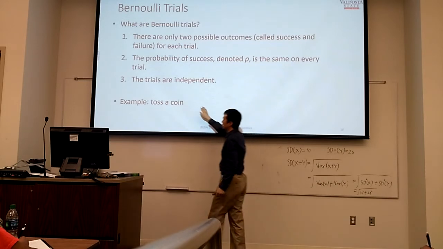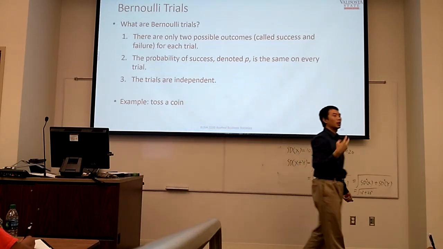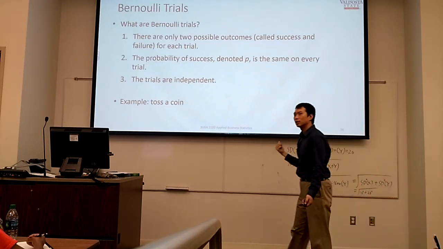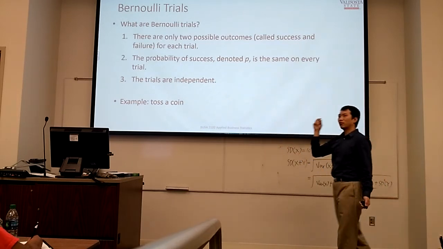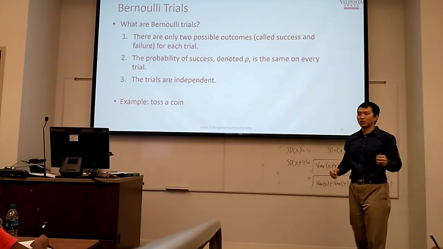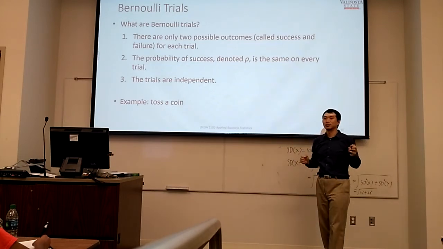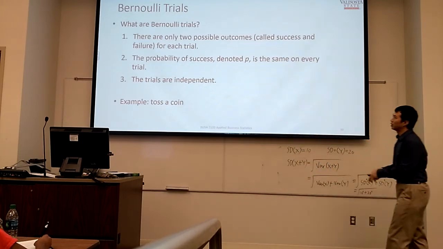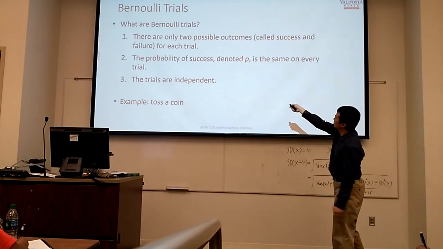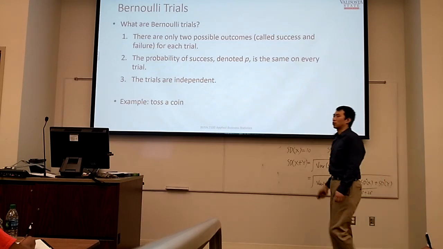An example: if we toss a coin, we only have 2 possible outcomes, head or tail, right? So we can define one outcome as success, and the other outcome we define as a failure. Second condition: the probability of success, which we denote as p, is the same on every trial.